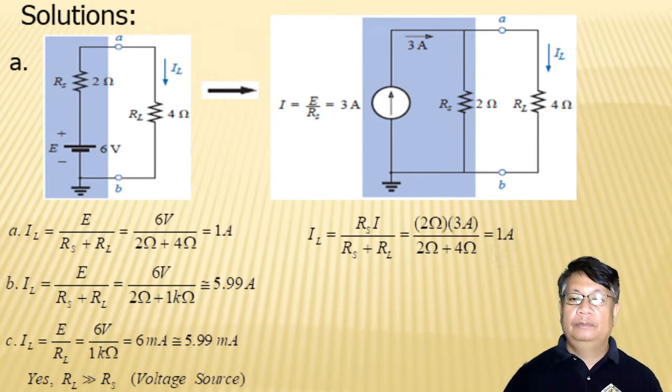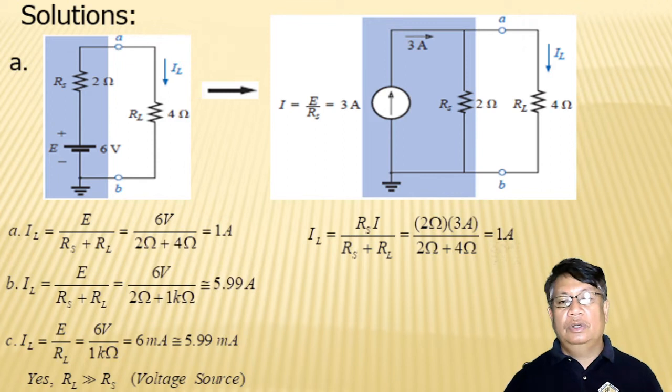As you can see here in our solution, you have the given circuit. The internal resistance is 2 ohms, the source voltage is 6 volts, the load resistance is 4 ohms.